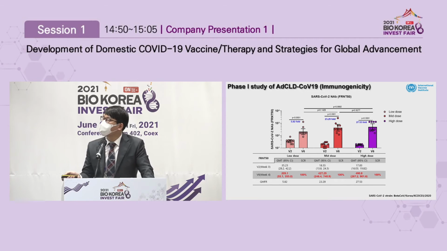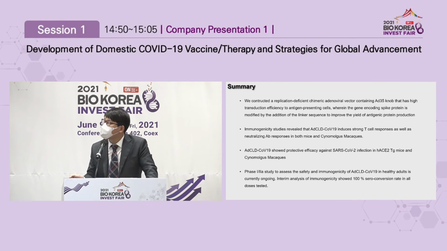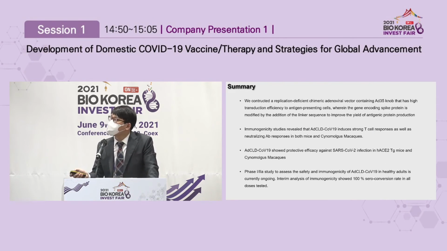In terms of the mean, there were 200 from the low dose group, 427 from the mid dose group, and 490 from the high dose group. And as you can see from the slide, if you compare the mid dose group and high dose group, there is no significant difference. So after the phase 2A analysis, we will come up with further details and come up with the mean.